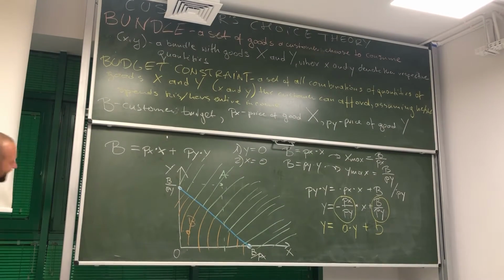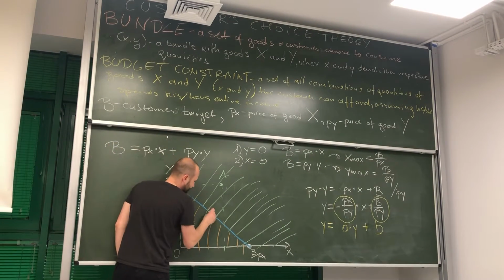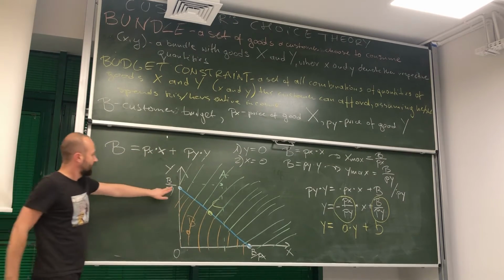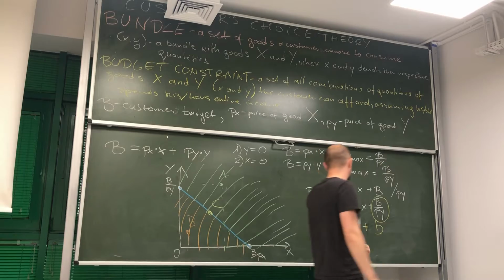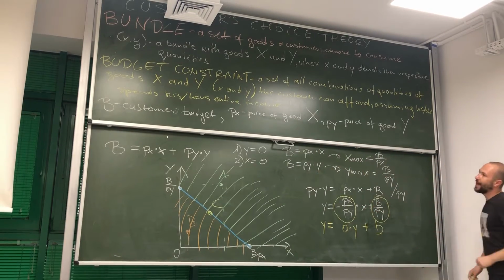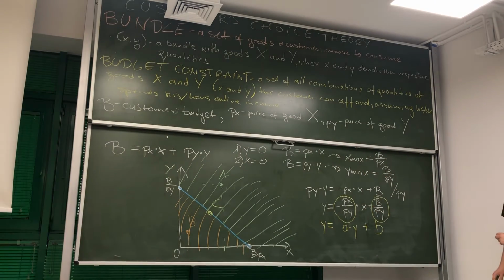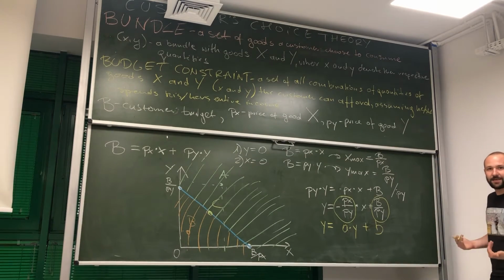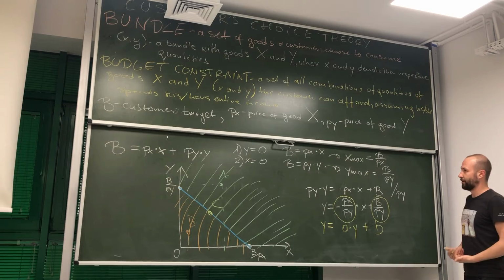And look, this leaves us only along the budget constraint. Here we have all the combinations of good x and good y that the customer can actually afford.